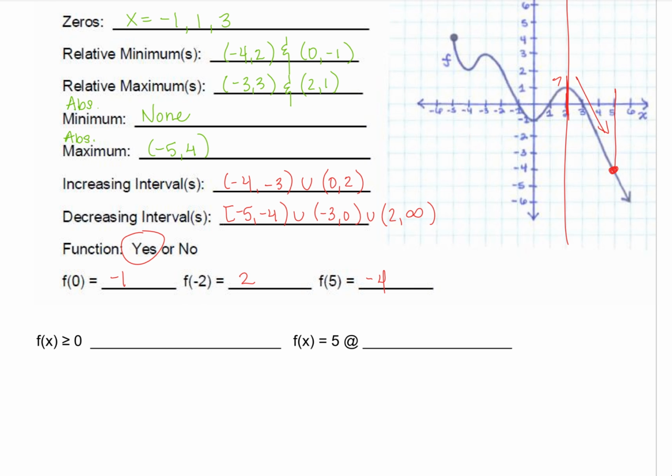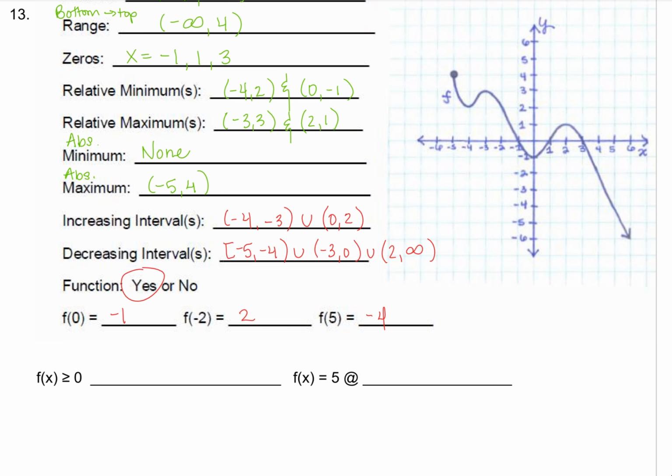Now, let me erase all this. For this last part, it wants to know for what part of the graph f of x is greater than or equal to 0. Well, that's all of everything above the x-axis. So it's all my x values above the x-axis.